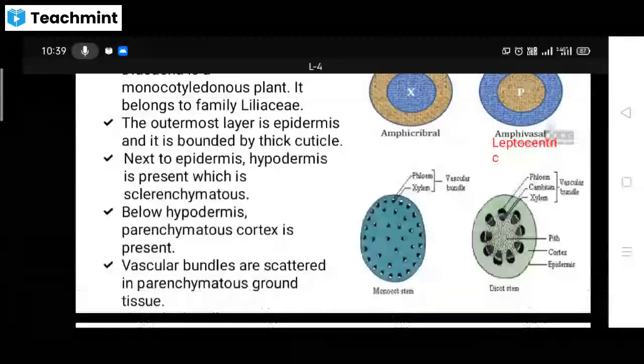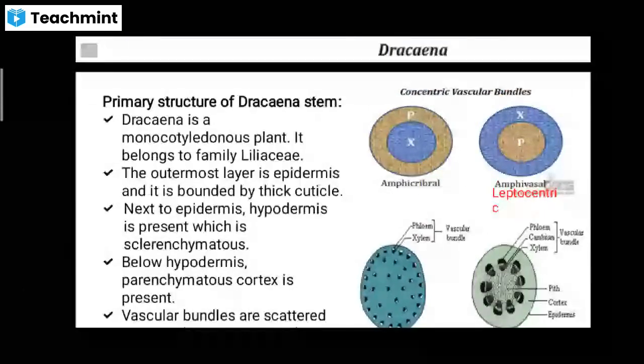In case of the monocot, the vascular bundles are mostly conjoined, collateral, and concentric.